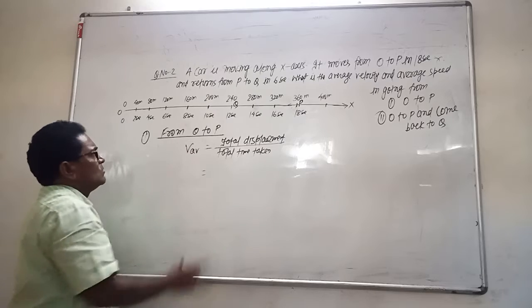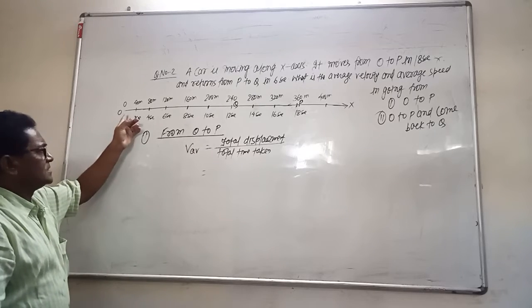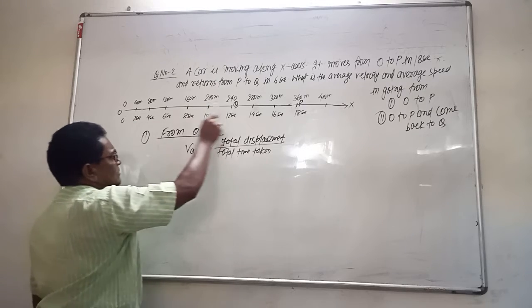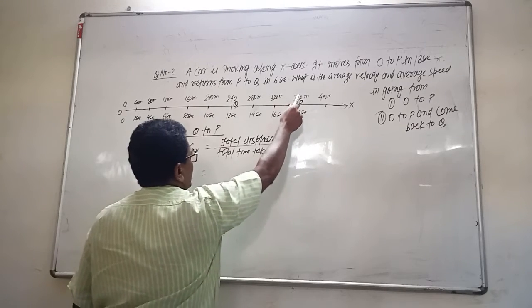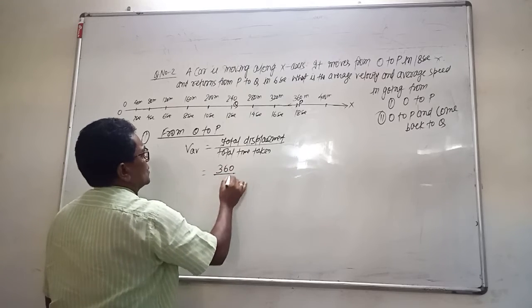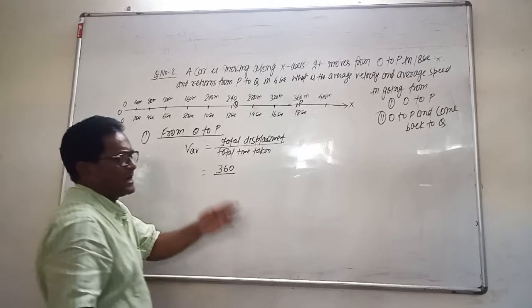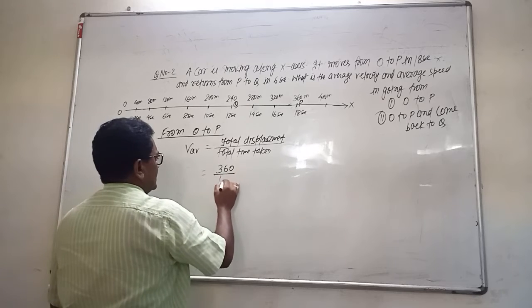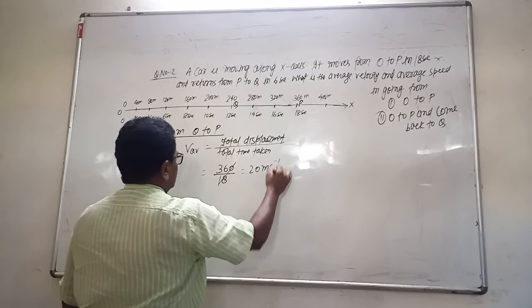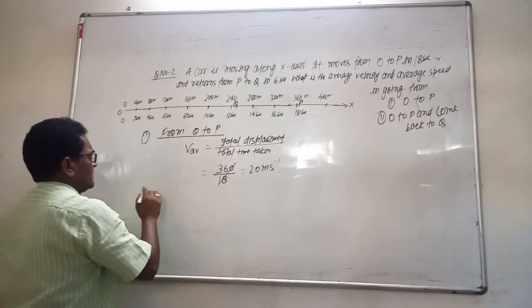So in going from O to P, the total displacement, in this case distance and displacement both are the same. This is a straight line motion. When it goes from O to P, it covers 360 meter and the time taken is already given, 18 seconds. So this will be 20 meter per second. This is the average velocity.